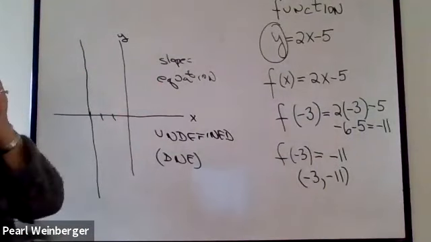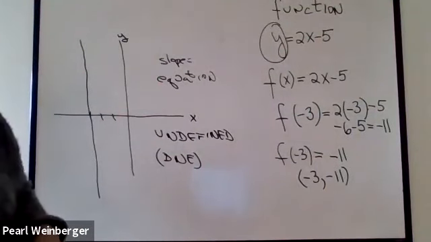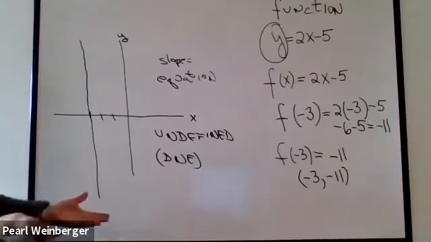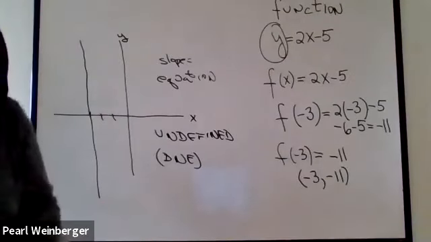What would the equation be? Would it be y equals? Can you do undefined in an equation? DNE? Undefined isn't a real number. I can't stick it into an equation.